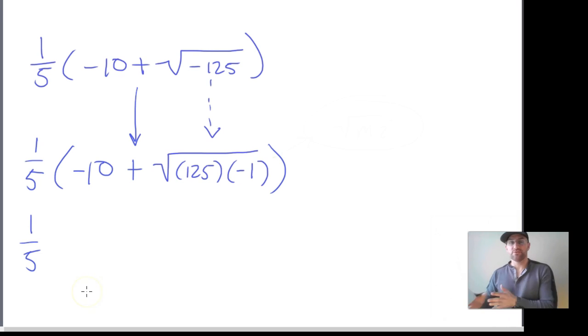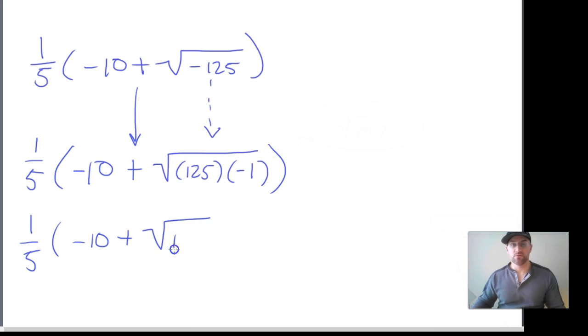Obviously, you don't have to do these steps each time. I personally do, just because it helps me ensure that I don't miss anything. Bring down the parentheses, negative 10 plus square root of 125 times square root of negative 1, close parentheses, and we know that the square root of negative 1 is equal to i. So we can rewrite that still, can't we?